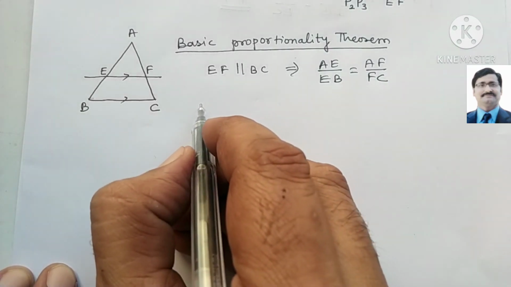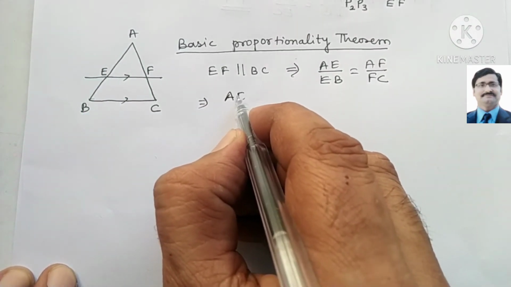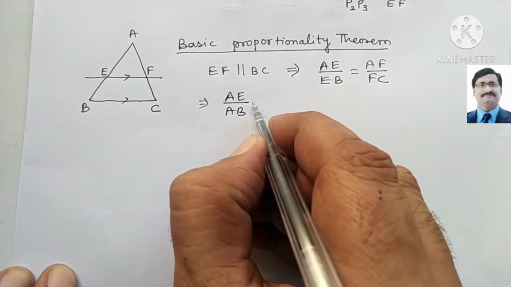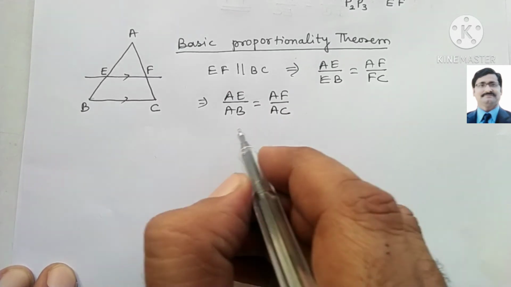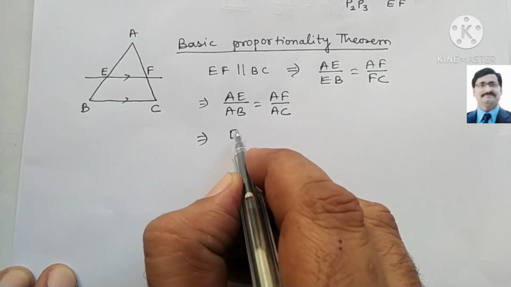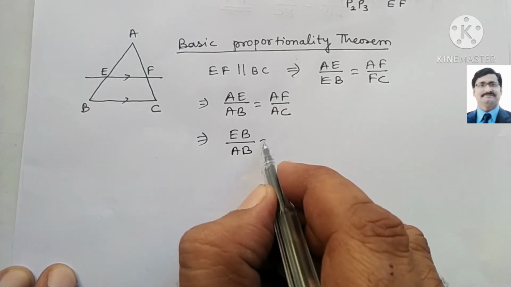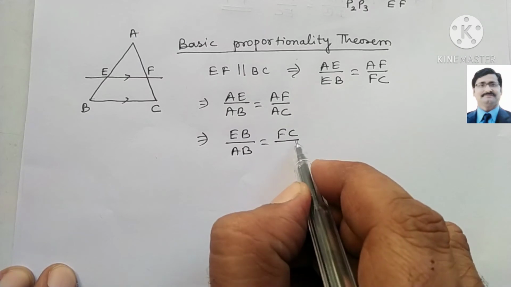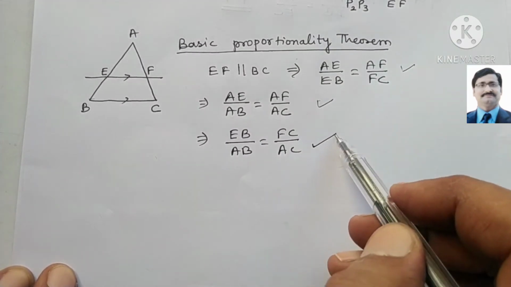Okay, and look here, one more result we have here, AE upon AB equal to AF upon AC. One more result we have here, EB upon AB equal to FC upon AC. So these three results we will have here.